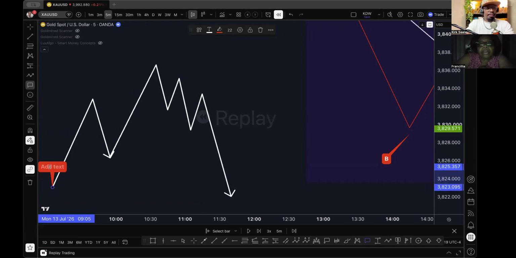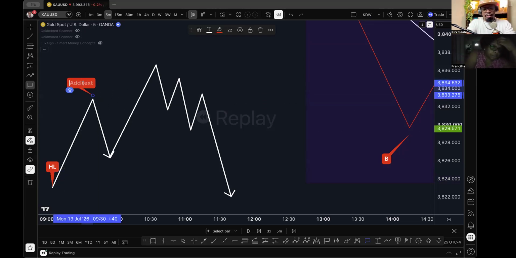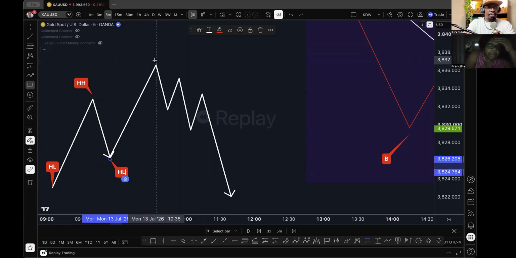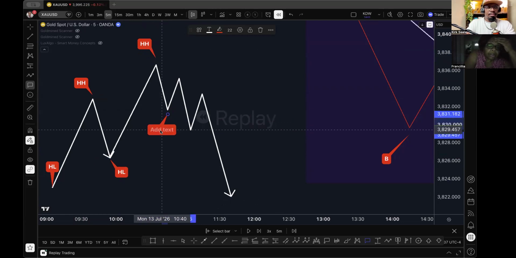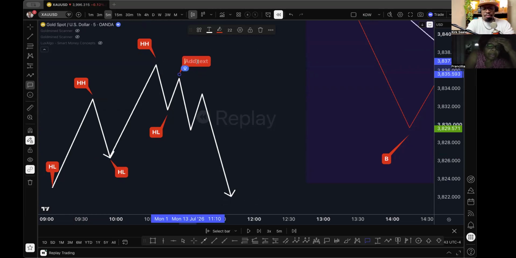This would have been a higher low over here, which gave us a higher high. Then we got a higher low. Once we keep getting higher highs and higher lows, we are going up. Anytime we get something that is different to higher highs and higher lows, that's an indication that something is changing.